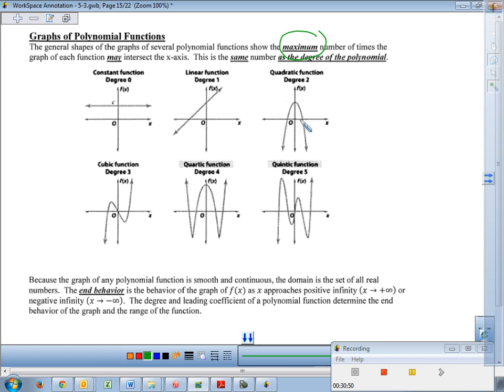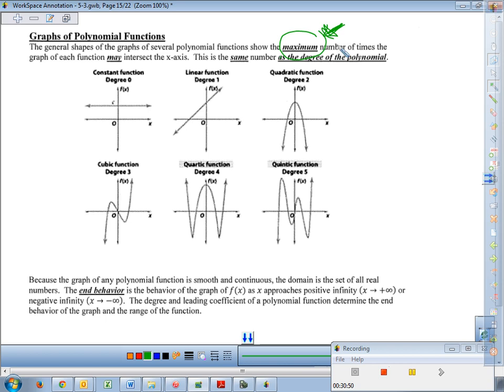We are going to spend a lot of time talking about roots the rest of this chapter. The roots, or the zeros, are where the puppy crosses the x-axis. Where does it cross the x-axis? Well, you can tell how many times that graph will possibly maximum cross the x-axis by its degree. If you can recognize the degree of a polynomial, you know the most amount of times it will cross the x-axis.